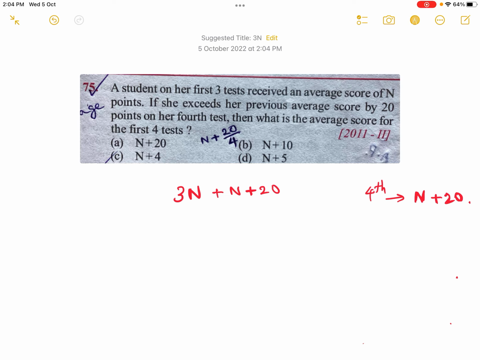Then what is the average after 4 tests? This is 4n divided by 4 plus 20 by 4, which is equal to n plus 5.